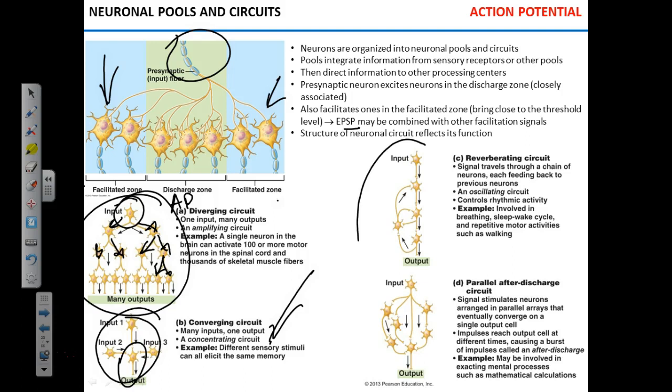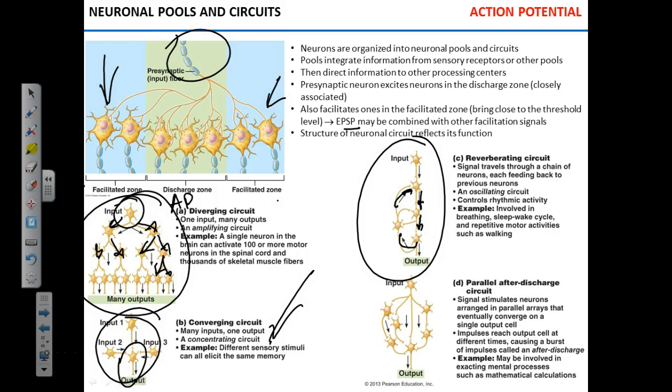Reverberating circuits, where neurons can signal back, making it sort of a cycle. In reverberating circuits, you're going to find them controlling repetitive activities.